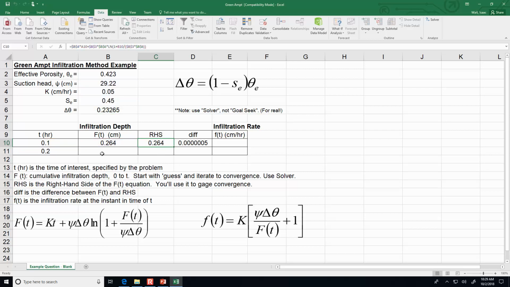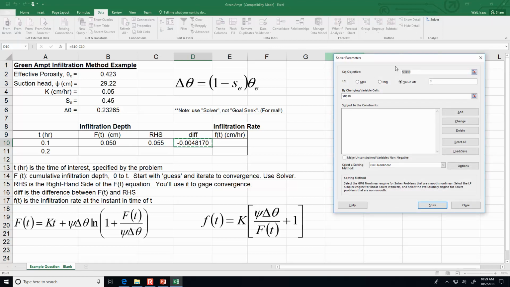Anybody else also get 0.264? Can you go through the Solver again and what to put in? Yep. All right, so we have some guess. Maybe our initial guess value was, I can't undo. Let's say it was 0.05. So there's a difference here. It doesn't work. So what we want to do is have the Solver set the objective.